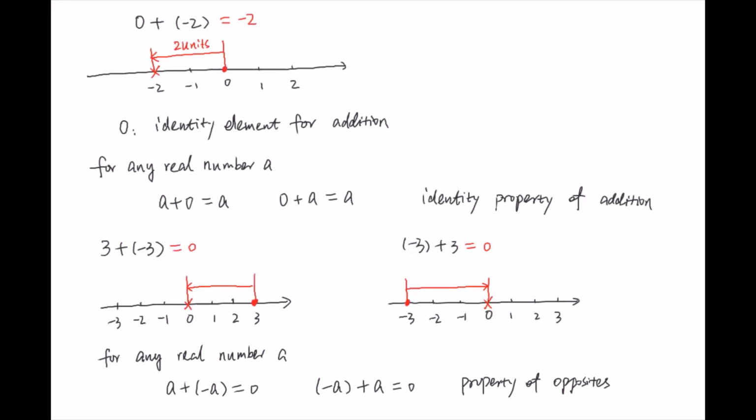Now let's see one more example. 15 plus negative 3. 15 is the sum of 12 plus 3. Then by using the associative property of addition, we can regroup these three terms.